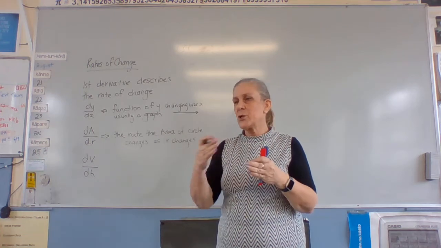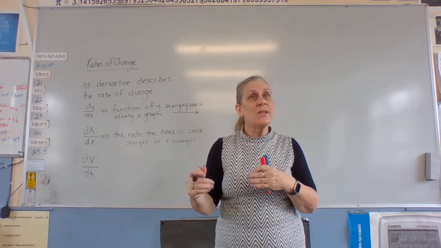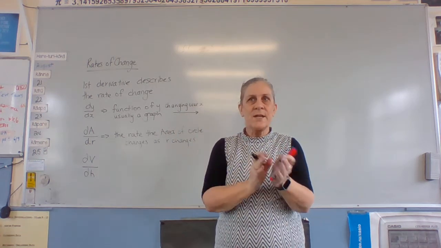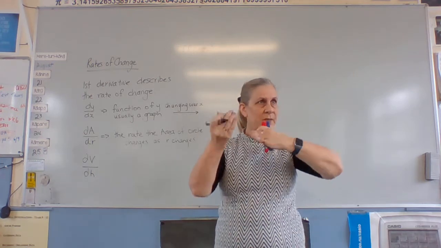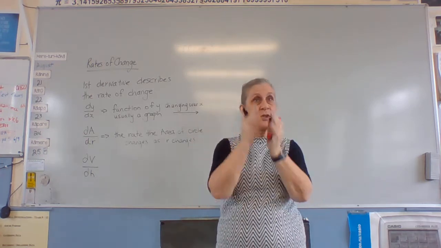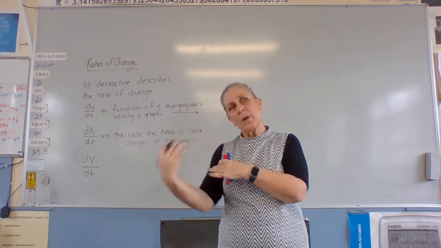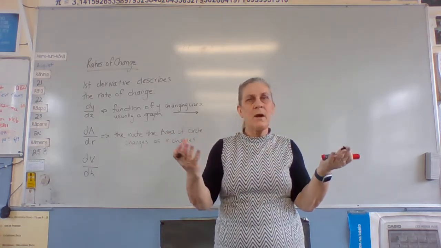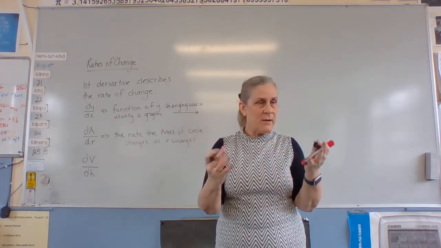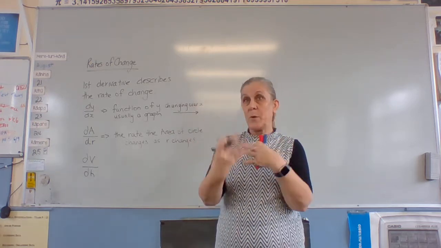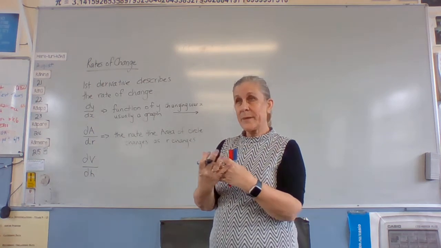So the height might be twice the length, which is 3 times the width, all right? So now we've got h for all of them. They're just different h's. We put them all together, times them all together, we get a volume. But if we change the h, what will happen to the volume of this rectangular prism, so that would be what we would be changing. Do you get it? All right?